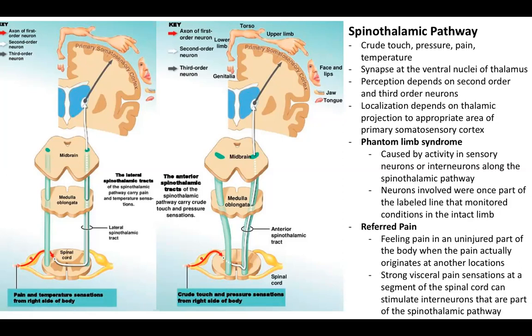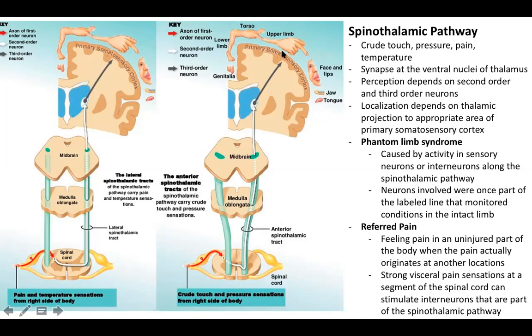This primary somatosensory cortex is the postcentral gyrus in the parietal lobe. Within the primary sensory cortex we have what we call the homunculus, a depiction of the amount of central nervous system that is delineated for a specific body part.